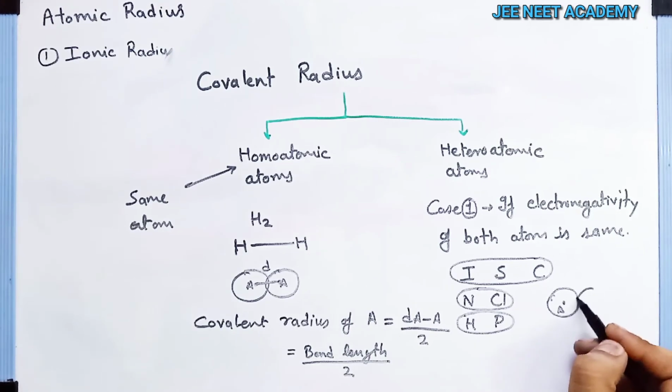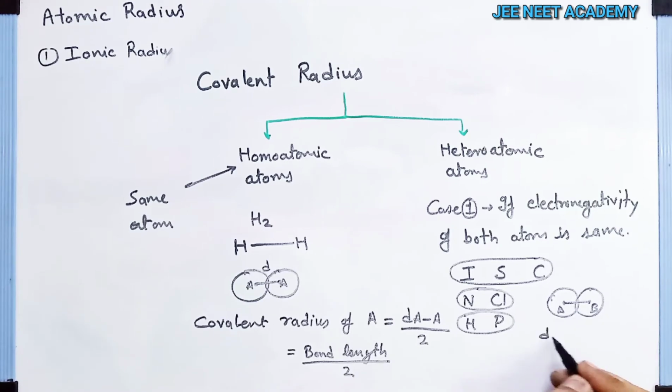A is the first atom and B the second atom, bonded with a covalent bond. Now the distance between A and B will be RA plus RB, and if you divide the distance between A and B by 2, the number you get is the atomic radius of that atom.